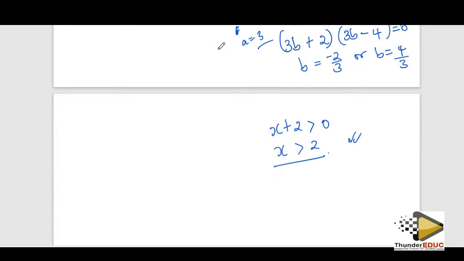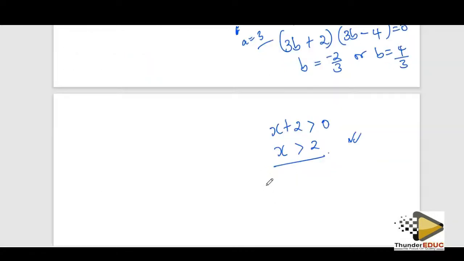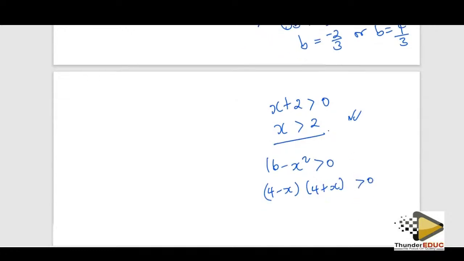Then when I look at the second discriminant, 16 minus x squared is greater than 0. So I'm going to say 16 minus x squared is greater than 0. This is a difference of 2 squares. So I can have 4 minus x, and then 4 plus x is greater than 0.